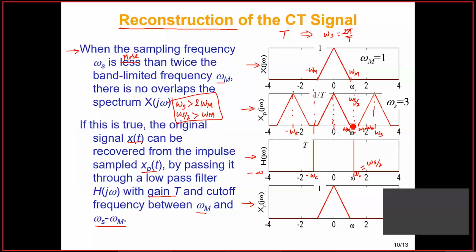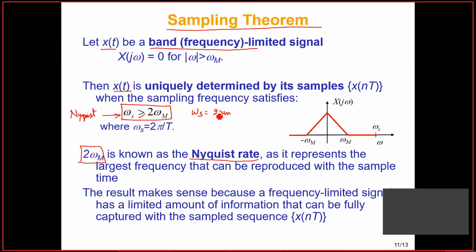So this 2 times omega m is known as the Nyquist rate, as this tells us the largest omega m frequency that can be reproduced with a particular sampling time.